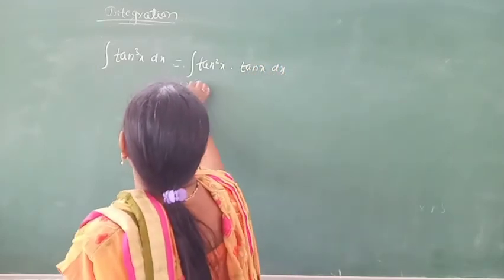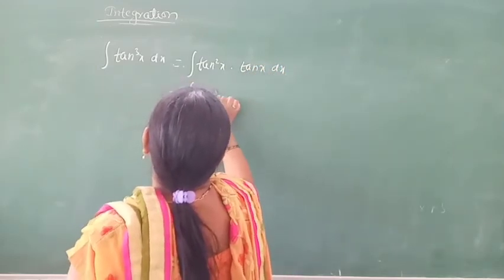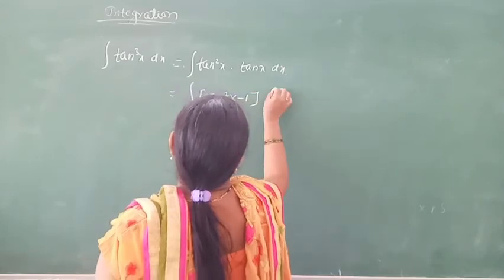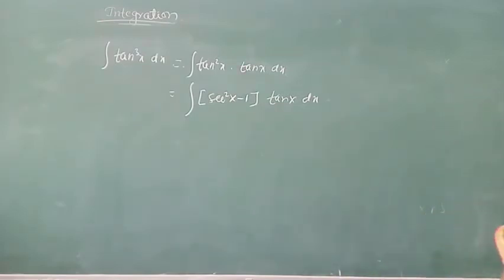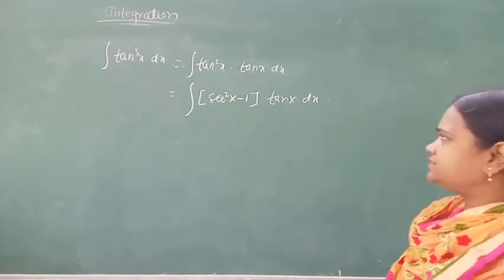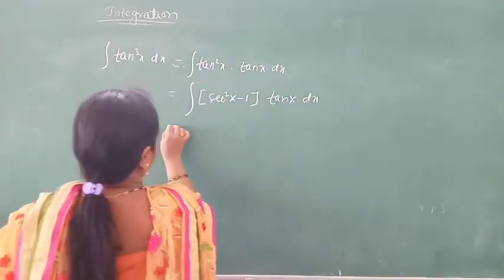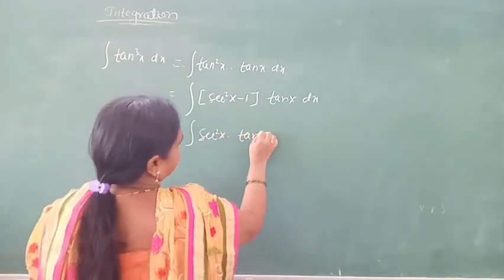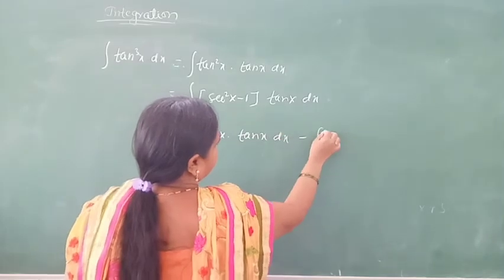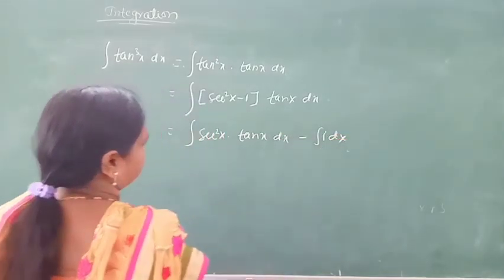And we have the formula tan square x is secant square x minus 1, so integration of secant square x minus 1 into tan x dx. We take this as integration of secant square x into tan x dx minus integration of 1 dx.